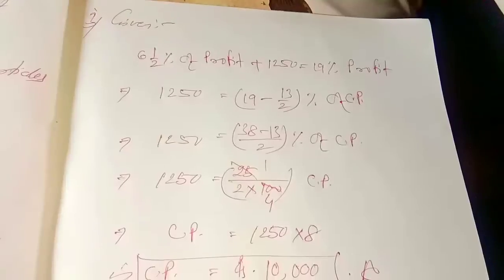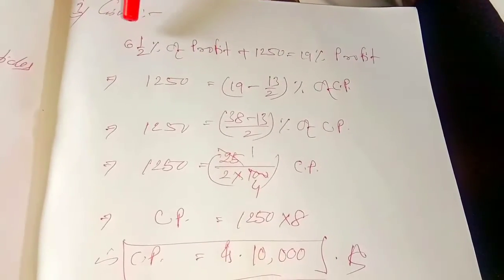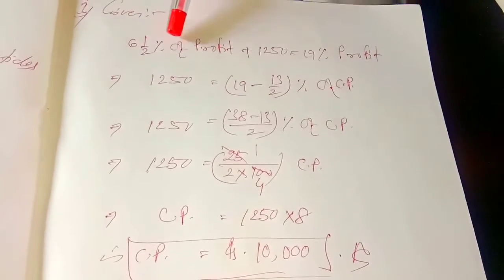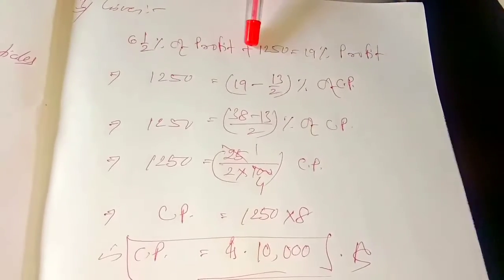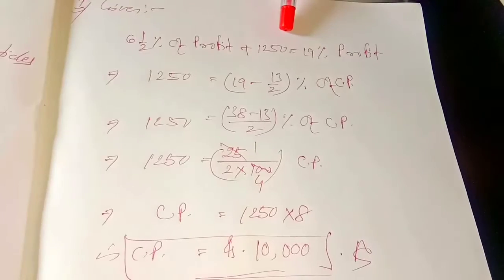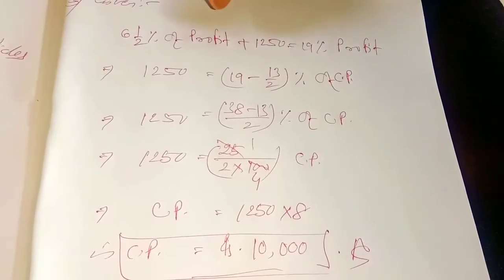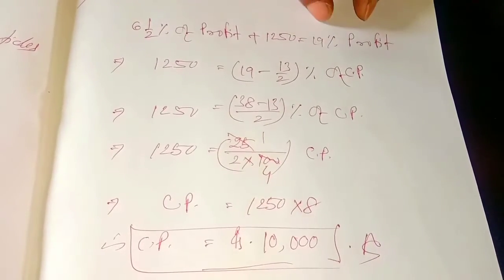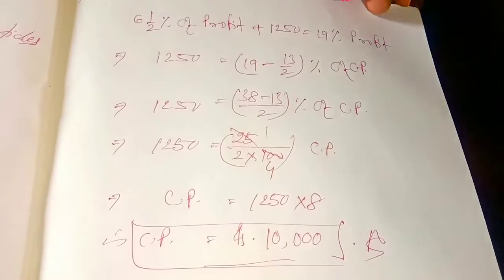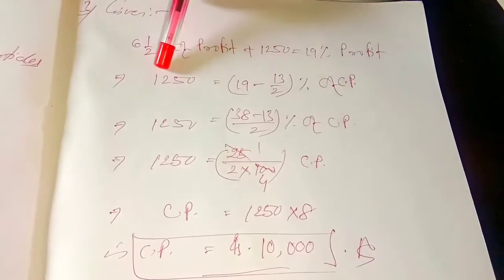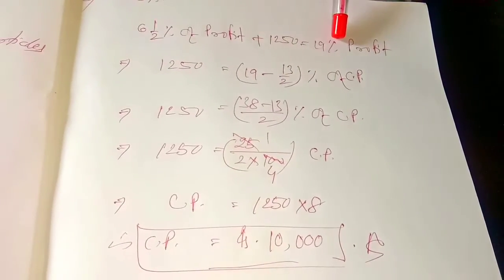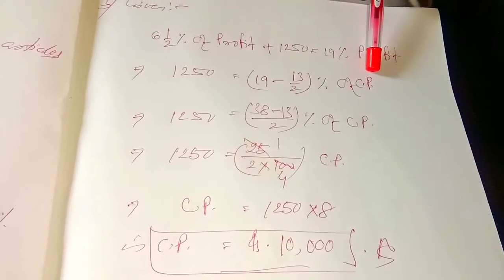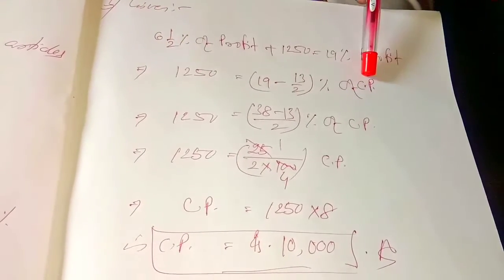As per the question, 6 1 by 2 percent profit plus 1250, which I am adding because after adding this you get a profit of 19%. Therefore 1250 is equal to 19 minus 13 by 2 percent of cost price, because profit is calculated on cost price.